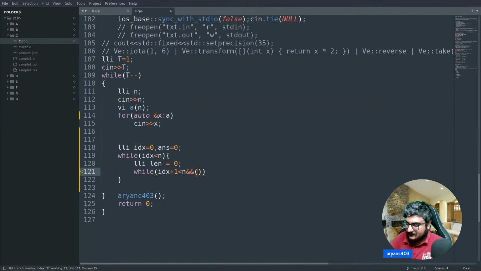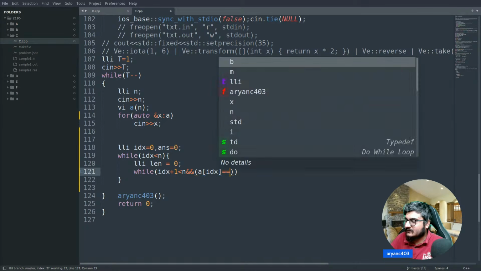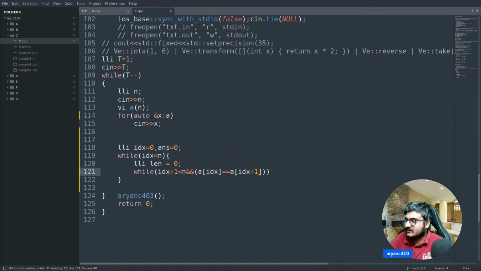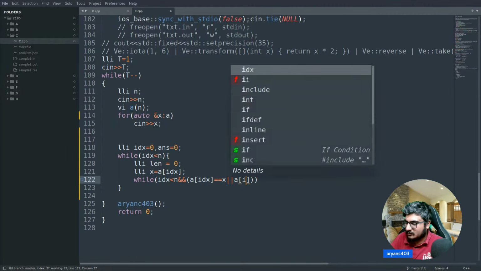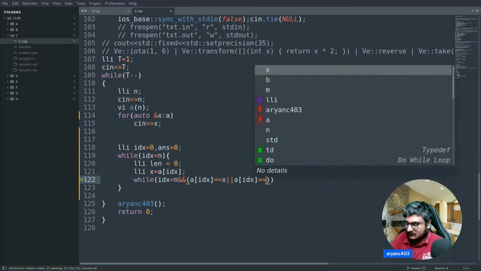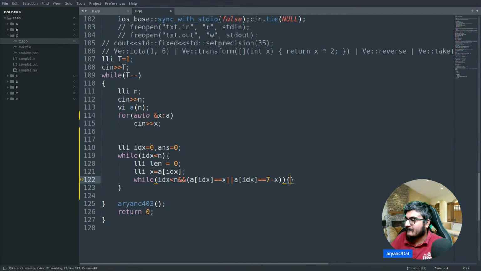And then either current element is equal to the next element, or let's say current element is C, or current element is equal to the opposite of X. In that case, you have a problem.